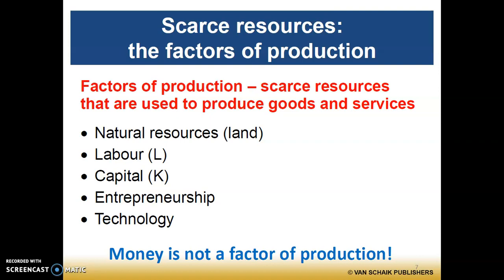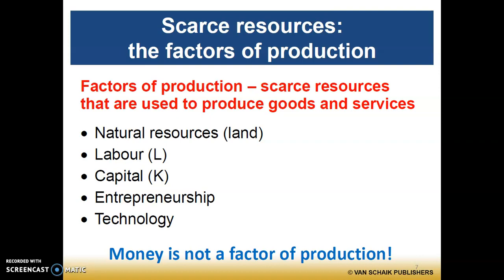Labor can be defined as the exercise of human, mental, and physical effort in the production of goods and services. Capital comprises all manufactured resources, such as machines, tools, and buildings, which are used in the production of other goods and services.